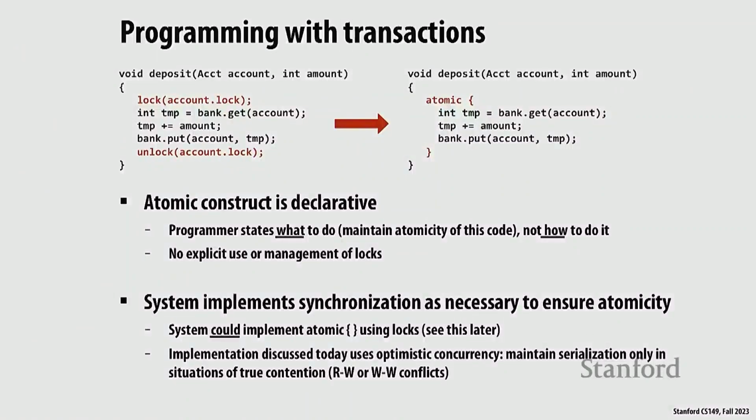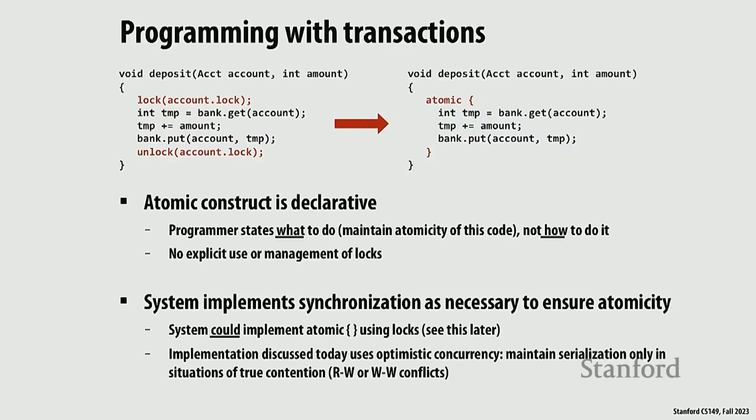You're saying what you want the system behavior to be, and you don't have to explicitly talk about how it's actually implemented. So once you declare atomic, it's up to the system to implement atomic in the right way. In fact, under the covers, atomic could be implemented with locks, but you as the programmer don't see the locks.